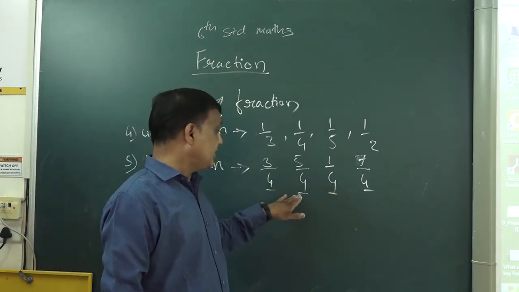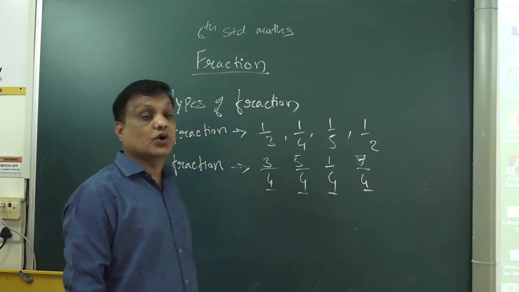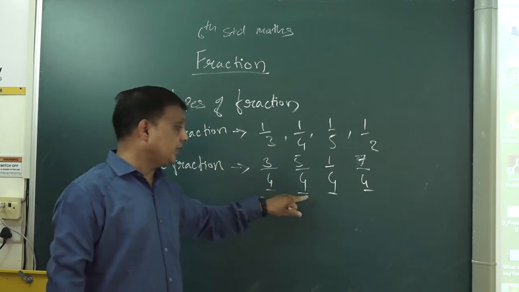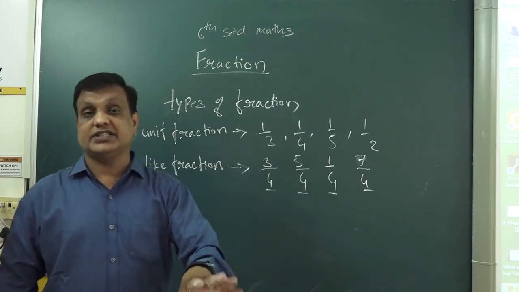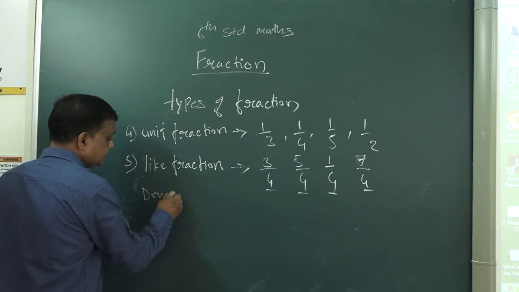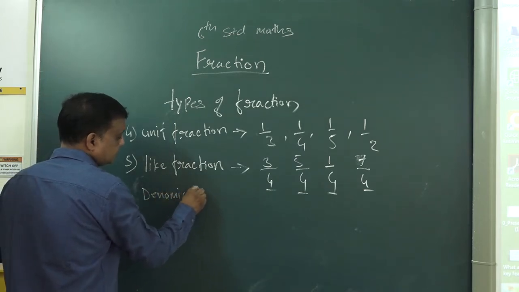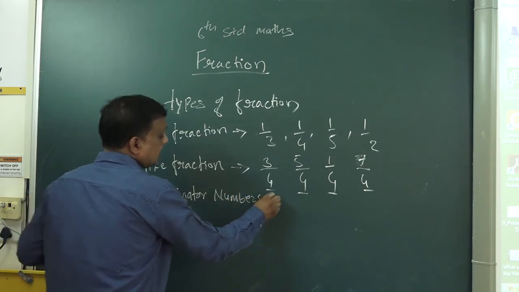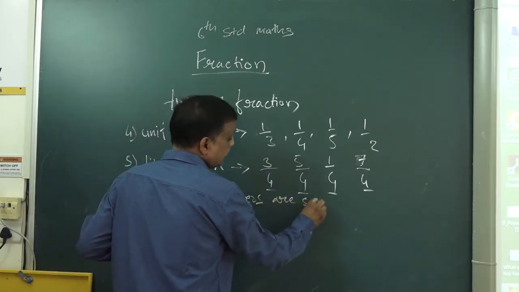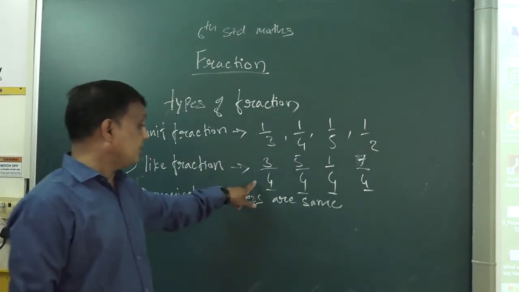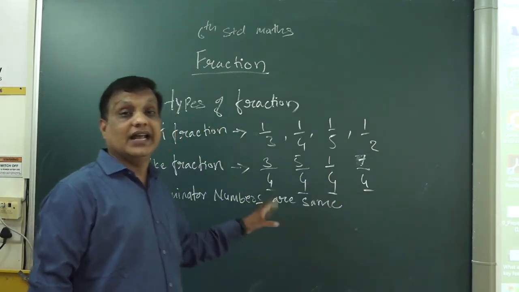When all the denominators are the same, that is called like fraction. You can write here: denominator numbers are same. This is written to help you understand.